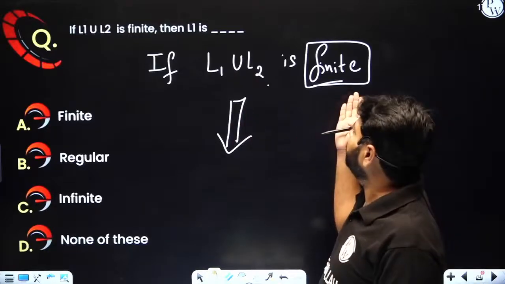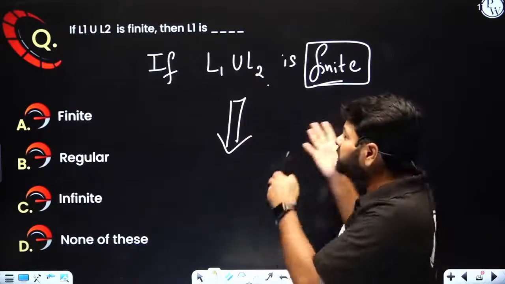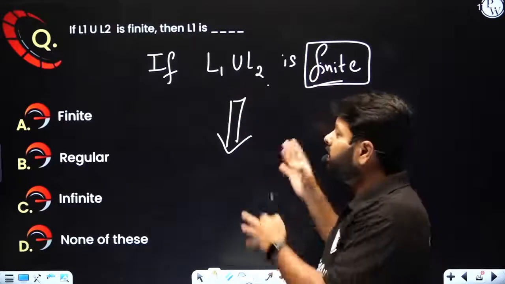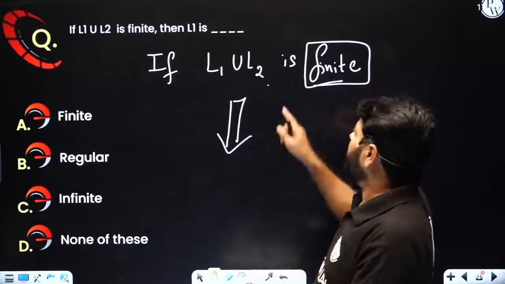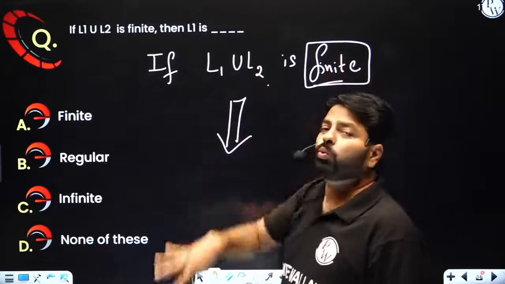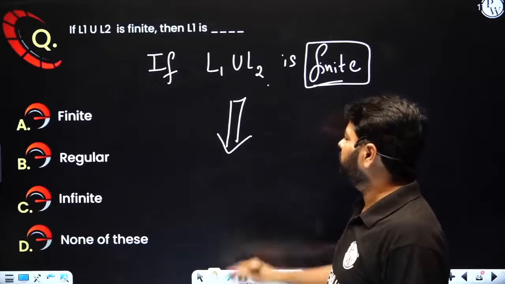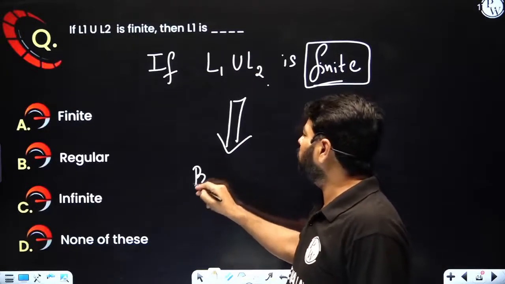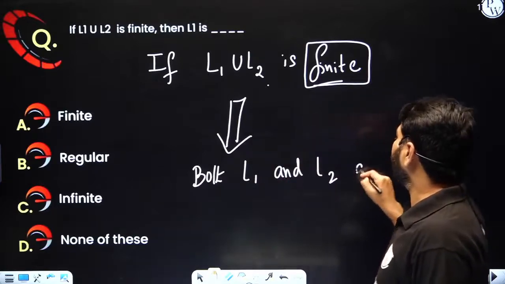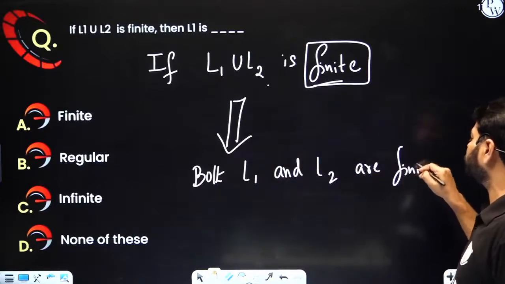So understand, when the result is fixed, in this question only, not other examples that I'm going to take in the future, the result of two languages is finite. It means these two are definitely finite, that I can say both L1 and L2 are finite languages without any doubt.